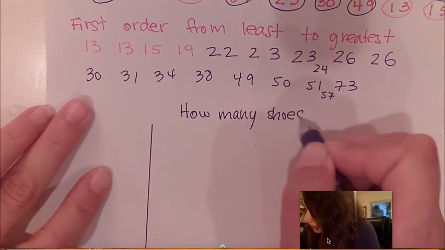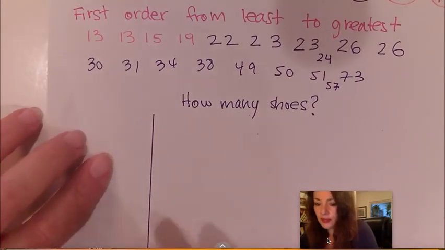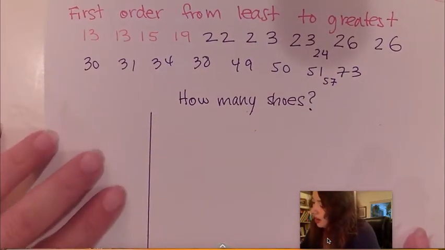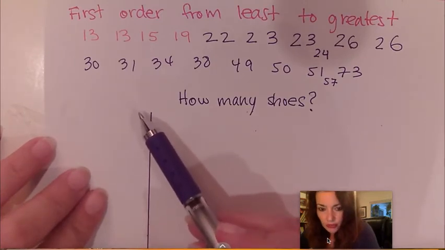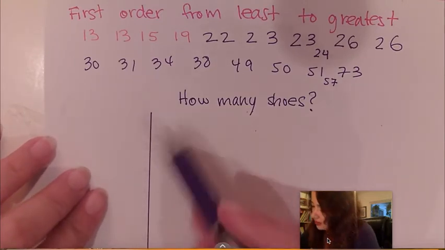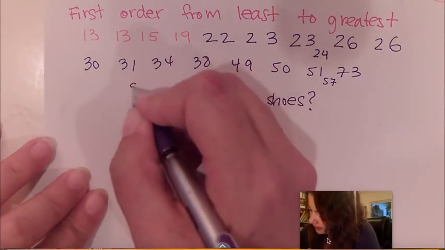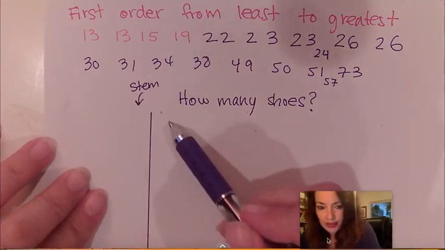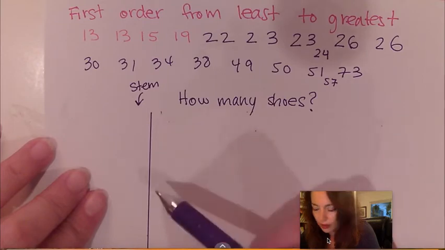So anytime you are creating any type of graph, you must always put a title so you know what we are looking at. All right, so what we're going to do is list the numbers from least to greatest, and this over here on the left will be my stem, and the leaves will go on the right side. The stem will be on the left and the leaves will be on the right.